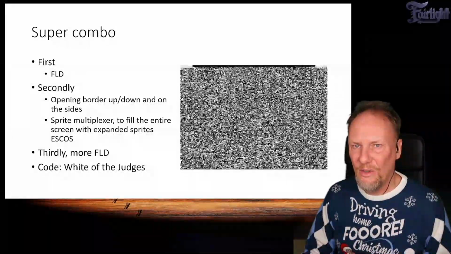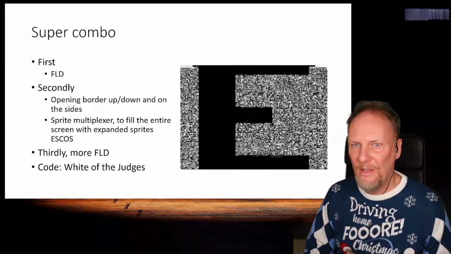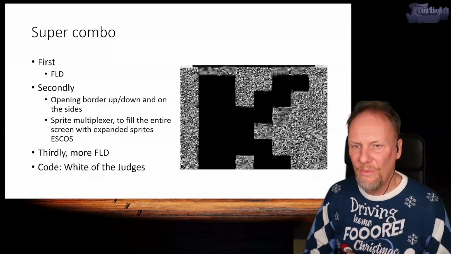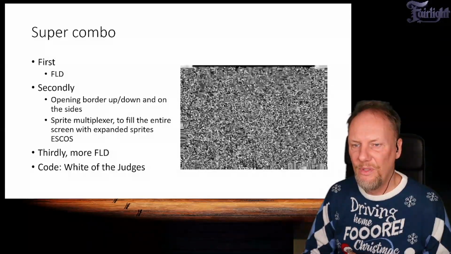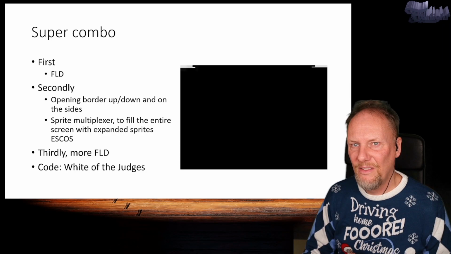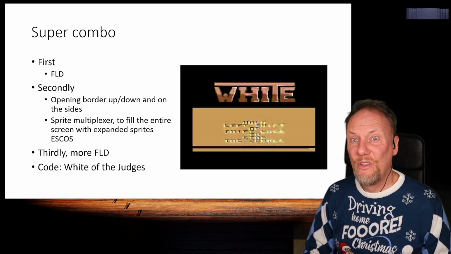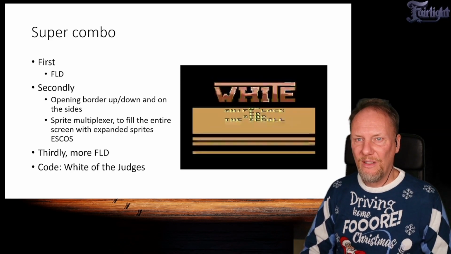And this is ESCOS. So this is opening the upper and lower border, but also the side border, and then covering it with a sprite mat, and then producing a scroller inside that sprite area. My mind was blown when I saw that.